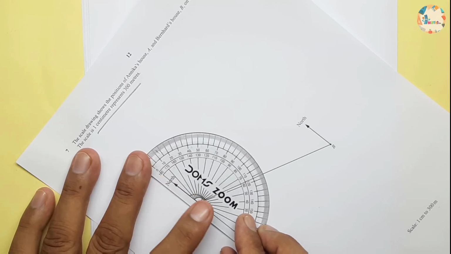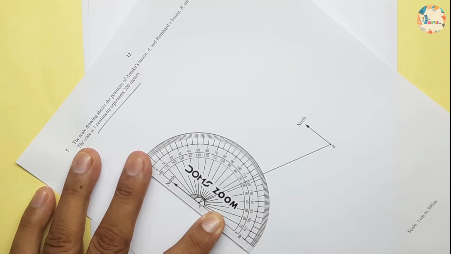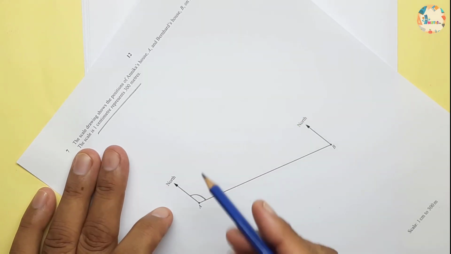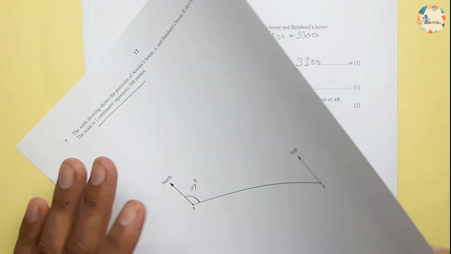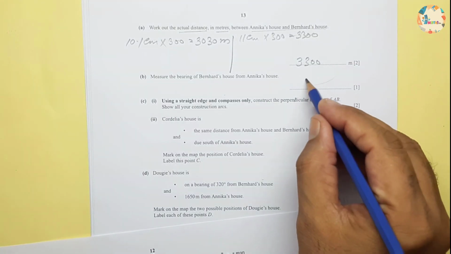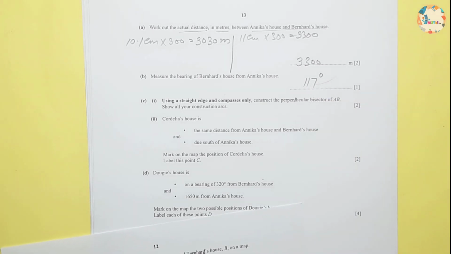If we check this, this is the 0 line which is matching, and this is the point, and then 110, 115, 116 and 117, exactly 117. So we can write here 117 degrees, and the answer will be over here, 117 degrees.